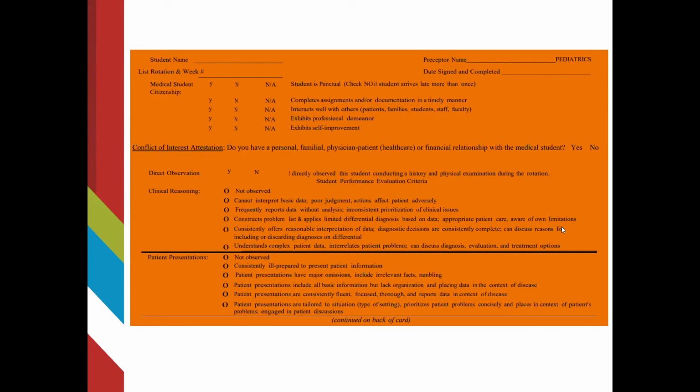So if we find out about these on the last day, our hands are somewhat tied, even if it was repetitive, because the student could say, well, no one talked to me about that. I didn't know I needed to change that behavior.